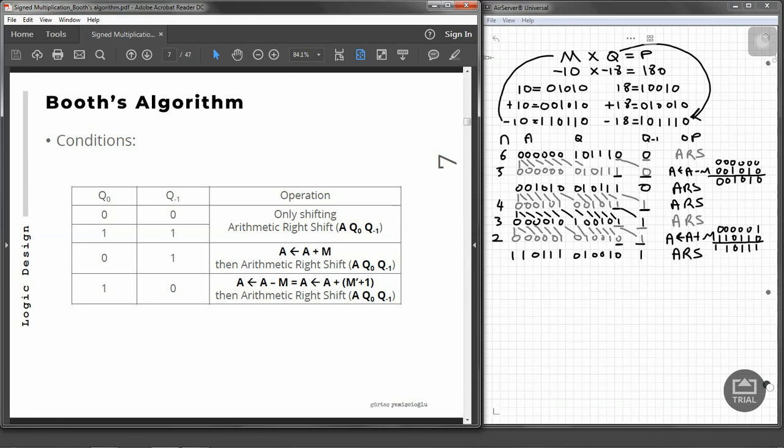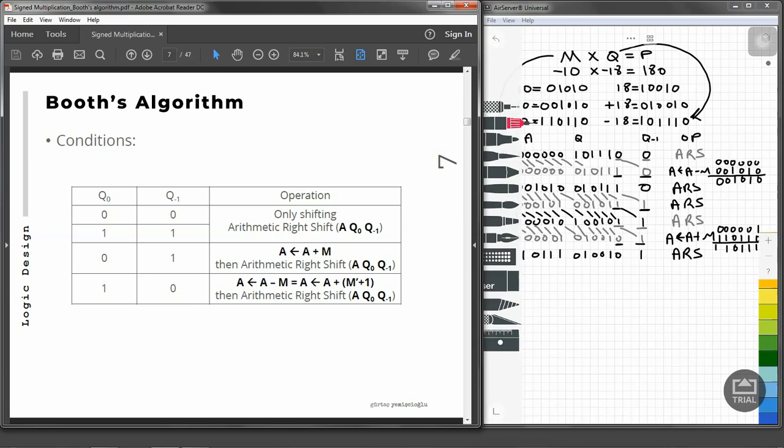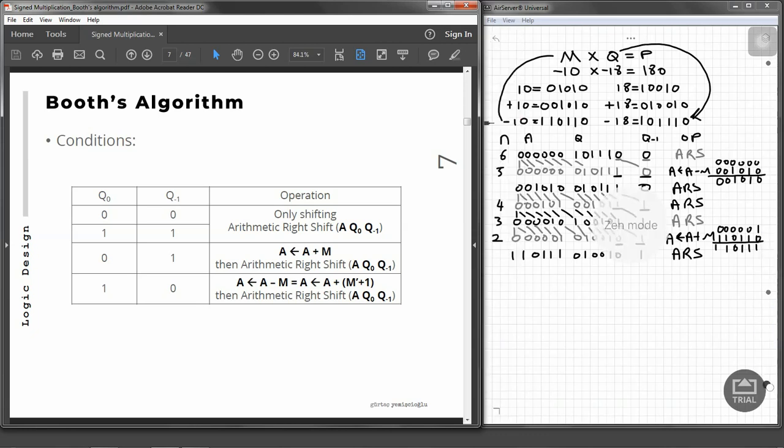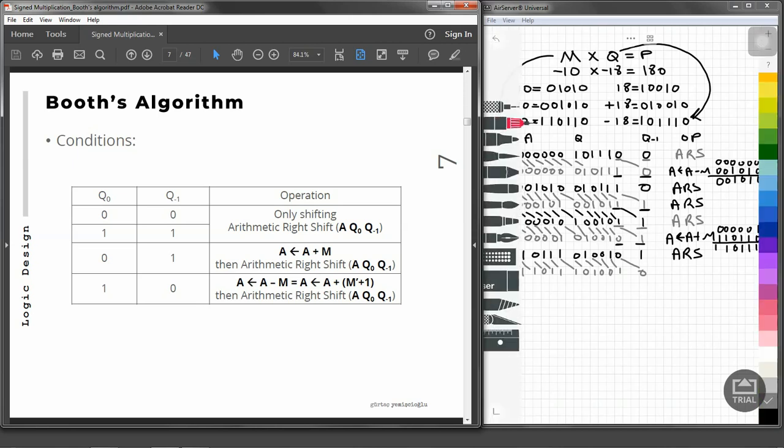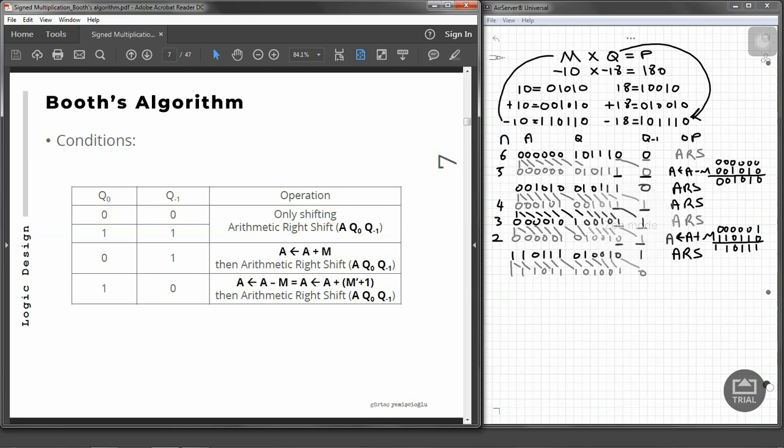Let's do an arithmetic right shift. 1 1, then 1, then 0 1 1, that one shifted, 0 1 0 0 1, and that 0 is shifted. So now we have got the new values, and our n is going to be 1.